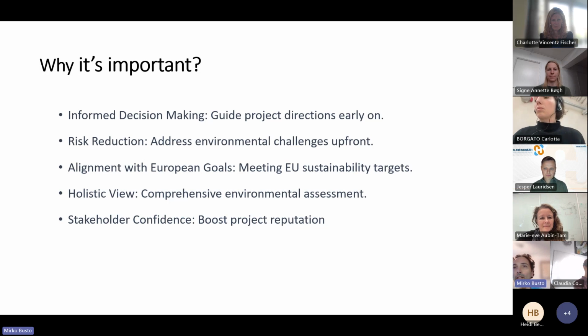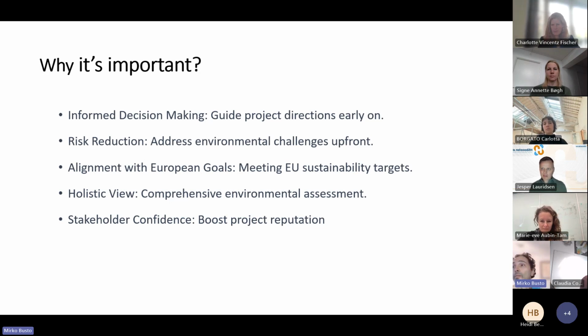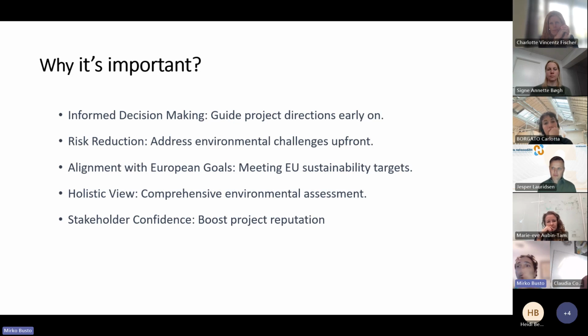Or the project can easily align with European goals, using LCA to follow, for example, recommendations or guidelines, or even greenhouse gas reduction goals. And what's more important is having a holistic view. So having a comprehensive perspective, we can consider all the different stages from raw material extraction to the end of life.